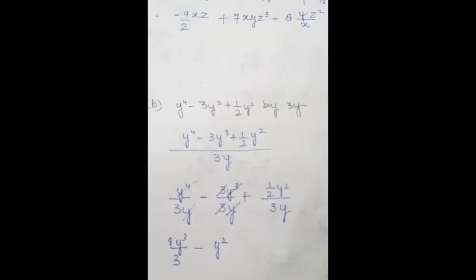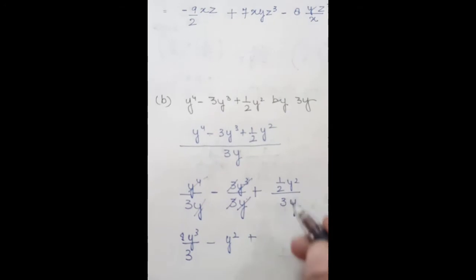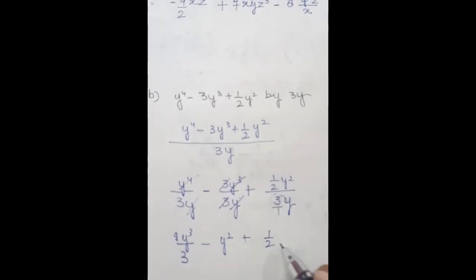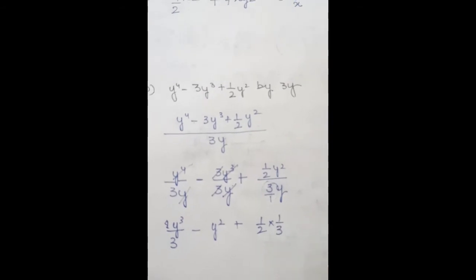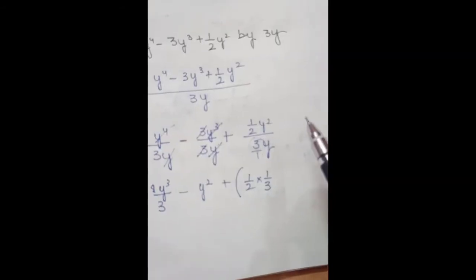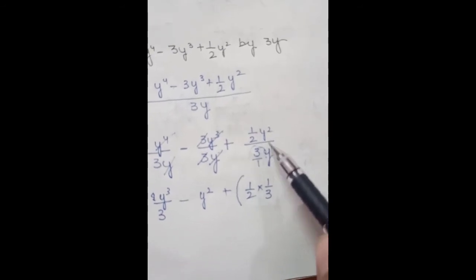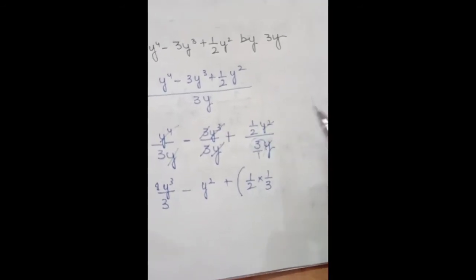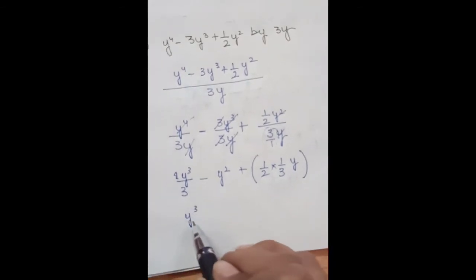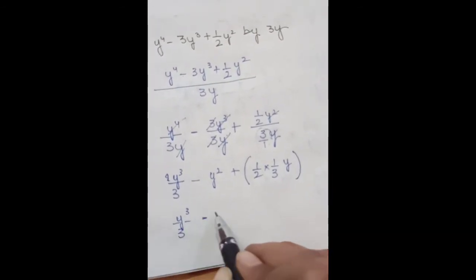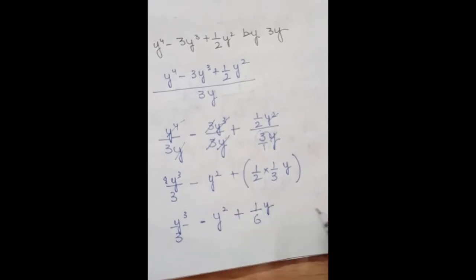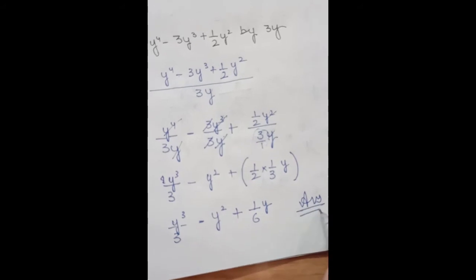Now we solve this one, 1 upon 2. Now we reciprocate this fraction, so here we get 1 by 3, and then this y and this y cancel out, so here we get y. Now y cube by 3 minus y square plus 1 by 6y. This is our required answer.